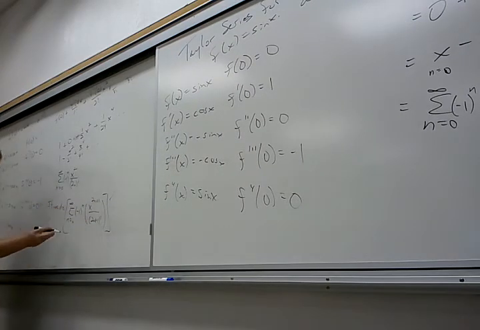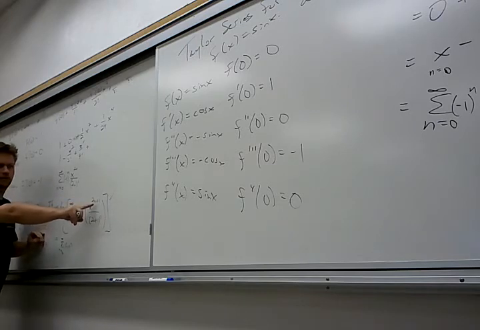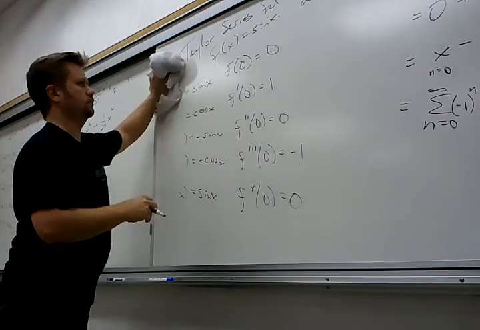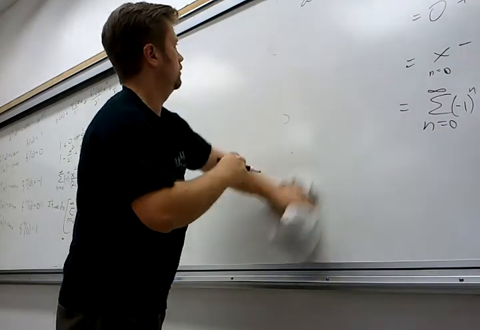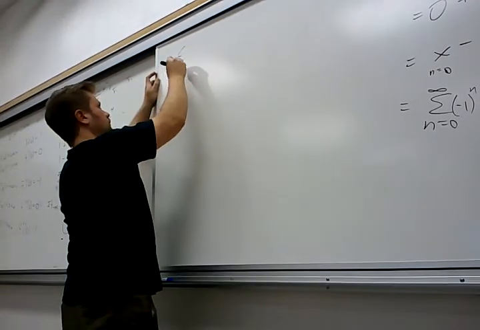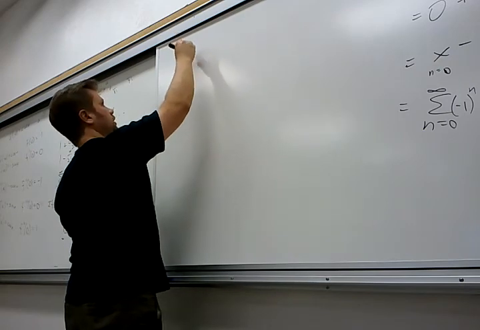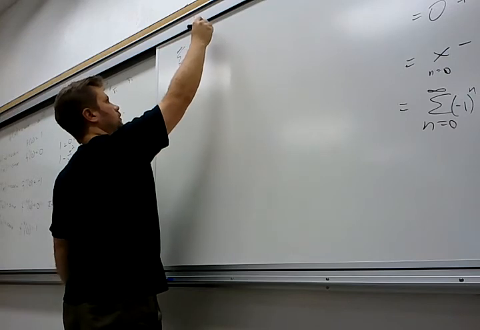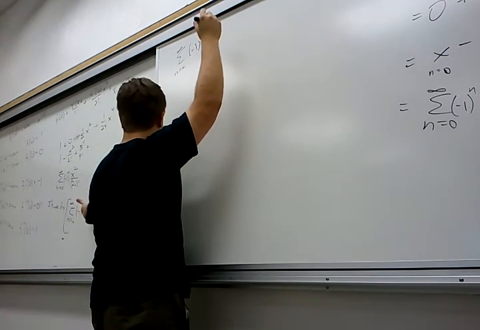So sure enough, when I do this derivative, this negative 1 to the n doesn't really care, right? It's just a constant. Actually, let's do this over here, because there is a little bit of something you've got to be careful about. So when I take this guy's derivative, what happens right here?